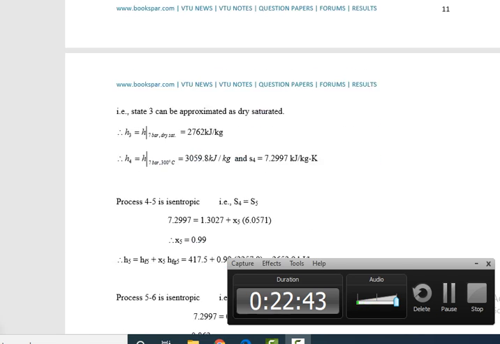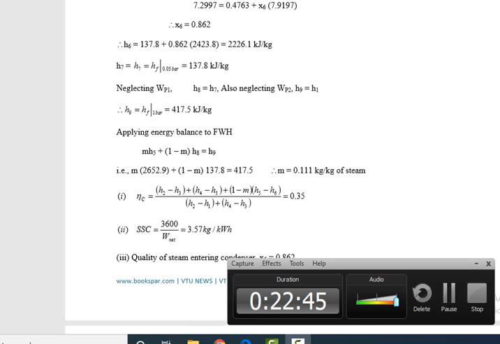Therefore, you can write h1 equal to h9, because we are neglecting pump work, WP1 and WP2. Therefore, we get the value of h9 at a pressure of 1 bar as 417.5 kilojoule per kg, taken from the steam table. The h7 value is also given from the steam table, because the pressure is 0.05 bar. The pressure is different, the point is different.